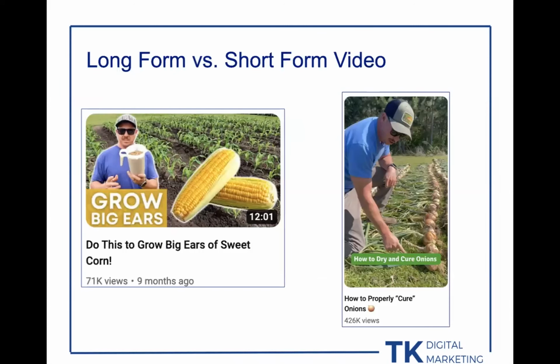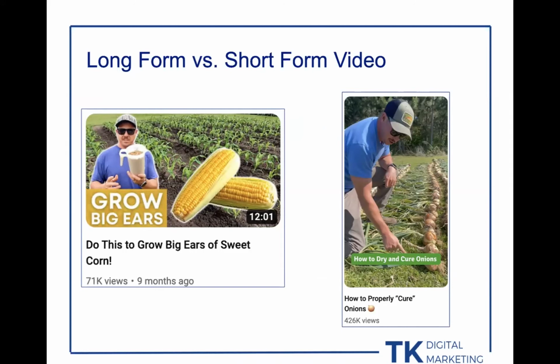So first, let's differentiate between long form and short form video. These are two screenshots from my YouTube channel, Lazy Dog Farm. So we have the long form video, which is the widescreen format, and we have the short form video here, which is the vertical format. So the long form video, usually on YouTube, I try to have those at least 8 to 10 minutes long. Sometimes they might be 15, 20 minutes long.